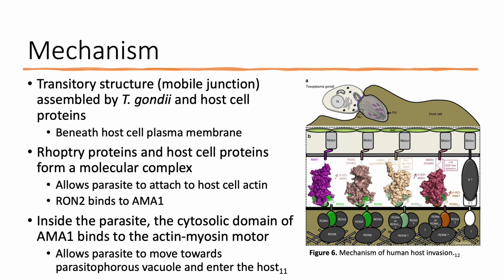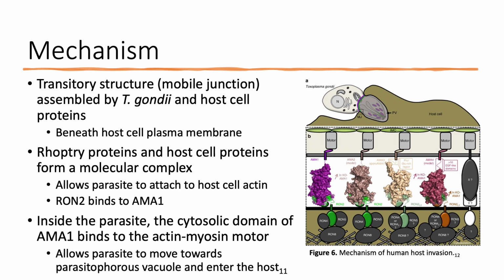Here we will be going over the mechanism of host invasion. The transitory structure is the moving junction, and that's assembled by Toxoplasma gondii and host cell proteins. This is going to be beneath the host cell plasma membrane. Rhoptry proteins and host cell proteins form a molecular complex that allows the parasite to attach to host cell actin.